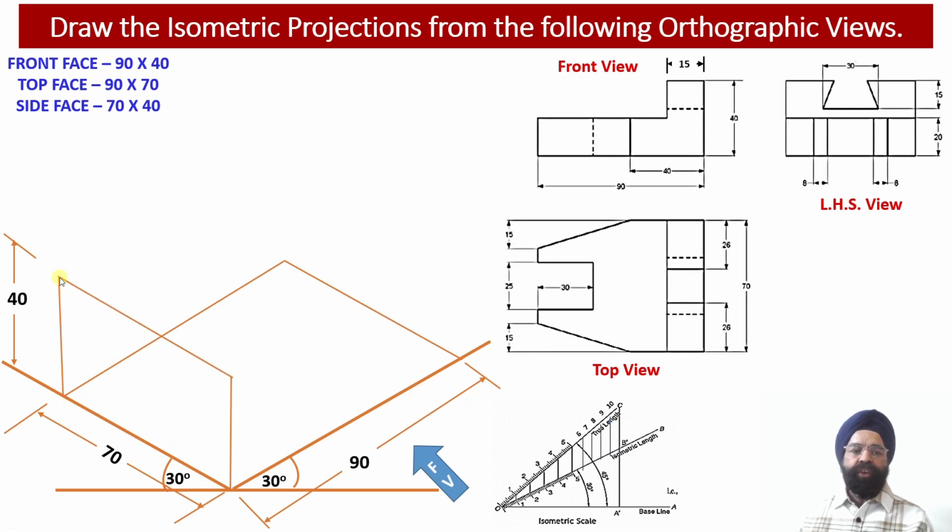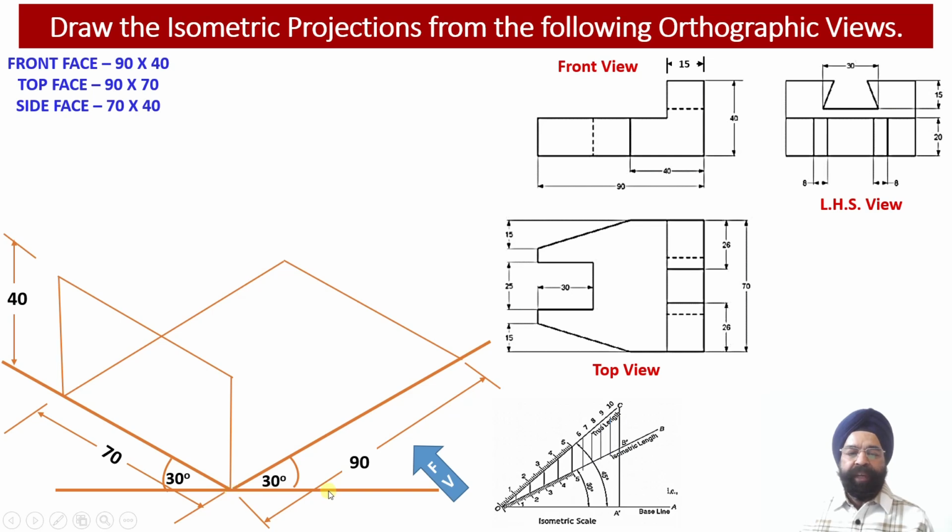Similarly, once we draw another isometric projector line which is measuring 40 millimeter and parallel to the y-axis, and we draw another isometric projector line which is going to measure 70 millimeter parallel to the x-axis, we will be able to obtain the left hand side view face corresponding to this object.